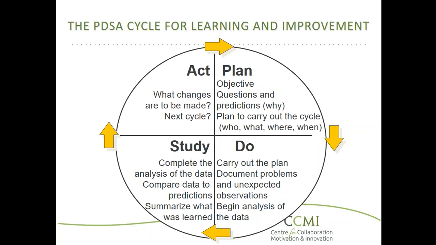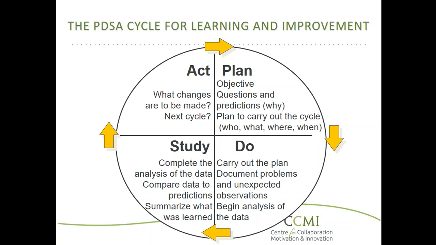But the key thing here is to test ideas very quickly and learn from them so that by the time you get to implementation of whatever intervention it is you're trying to do, you know all the things that could possibly go wrong and you've designed it so that nothing will go wrong during implementation.